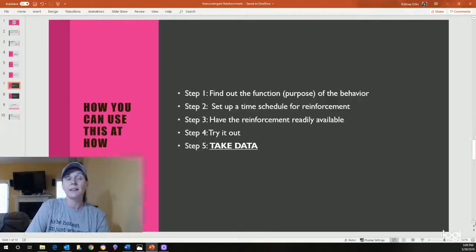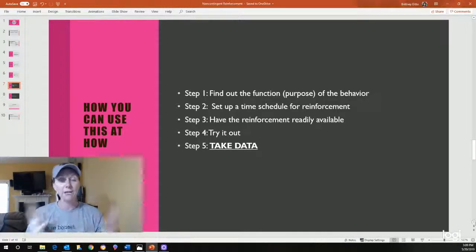So how can you use non-contingent reinforcement? I put a step system, because before you implement this, there are a few things to do. Step 1, you have to know the purpose of the behavior.